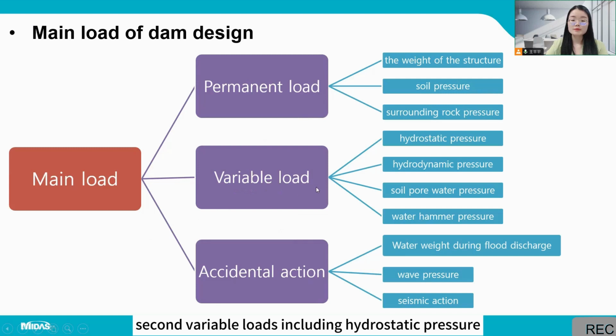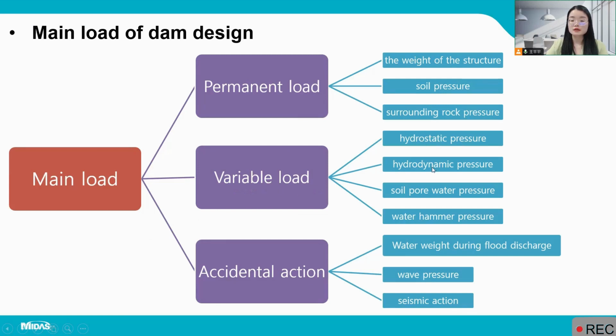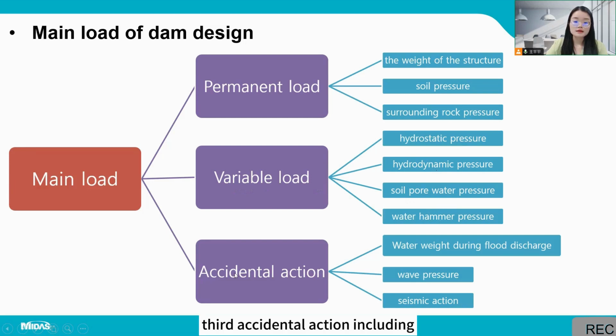Second, variable load, including hydrostatic pressure, hydrodynamic pressure, soil pore water pressure, and water hammer pressure. Third, accidental action, including water weight during flood discharge, wave pressure, and seismic action, and so on.